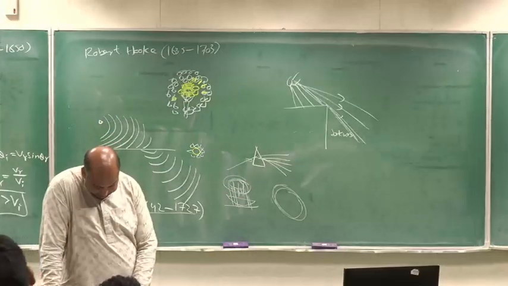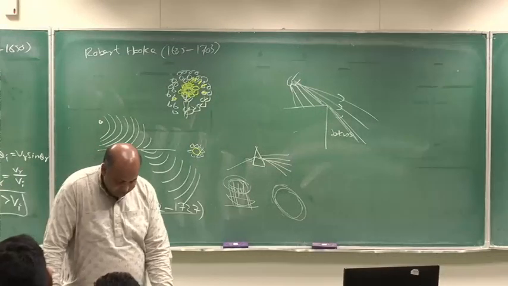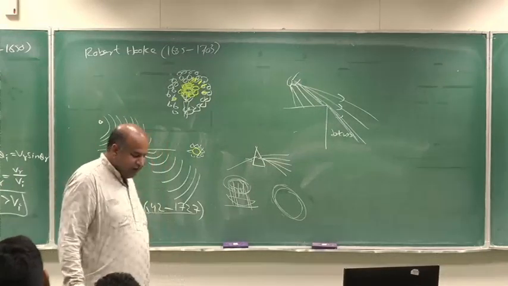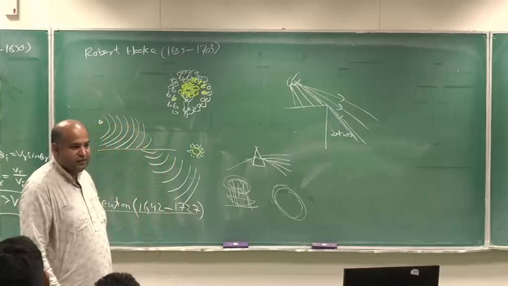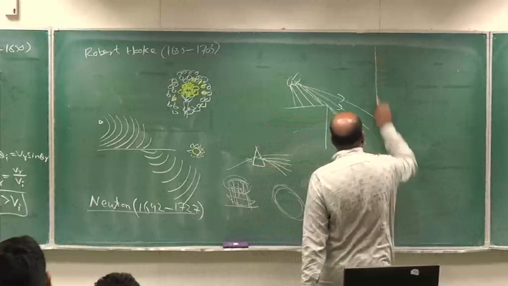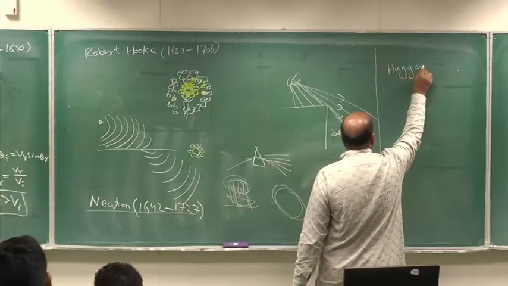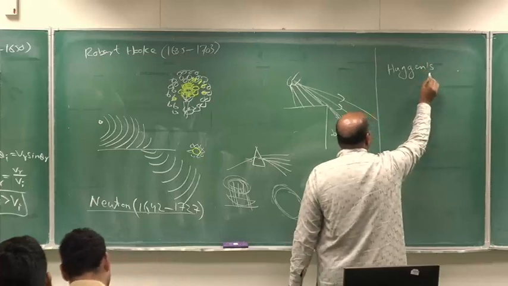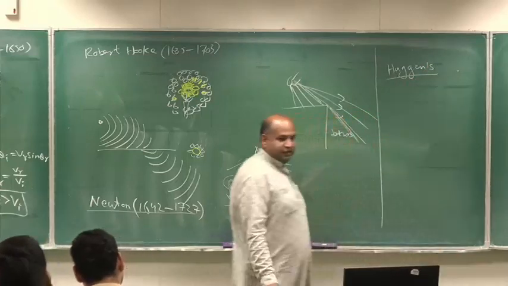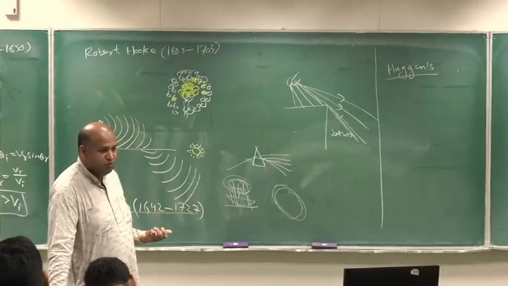And many of the objections were actually answered by Christiaan Huygens. He was perhaps the biggest supporter of wave theory, even though there was a lot of opposition from the followers of Newton, who felt that particle nature seemed more plausible.